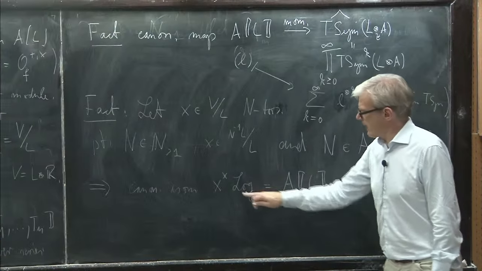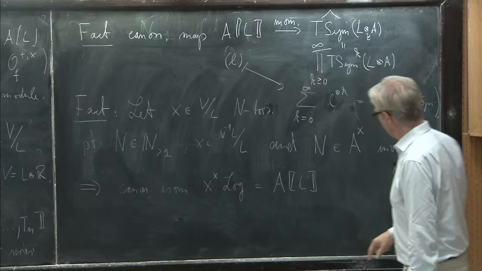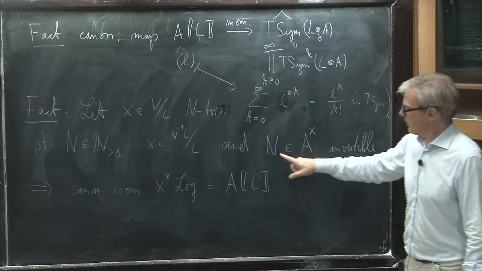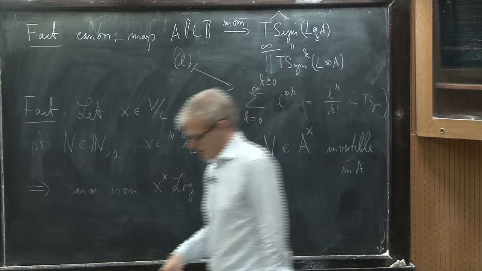So in 0, we always have it. And for torsion points, we have it whenever the torsion order is invertible in A.